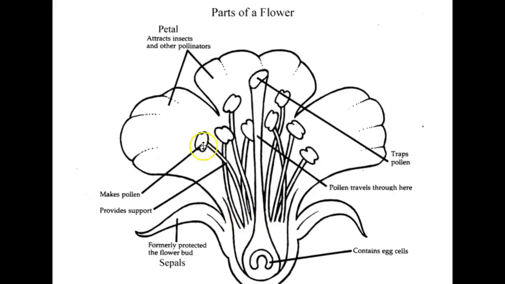This structure altogether is called the stamen, of which the top part here is called the anther. You should also add this stalk as the filament. Add that to your drawing as well. Draw a line to it and label it as filament somewhere in this diagram, or you can do it on the other side.